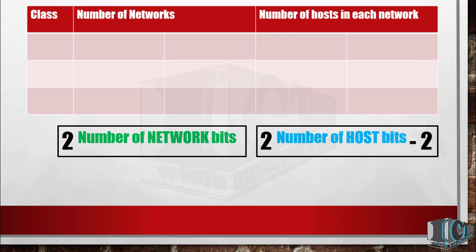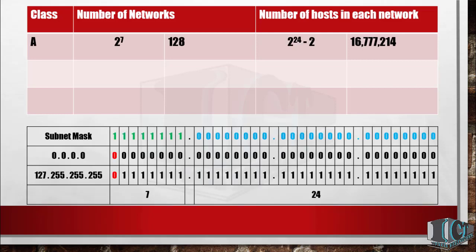Okay, now let's look at the first class, that is class A. If you look at the table below, the subnet mask, we can divide it using this line. Bits in green will denote the number of network bits and the blue ones will tell you the number of host bits.